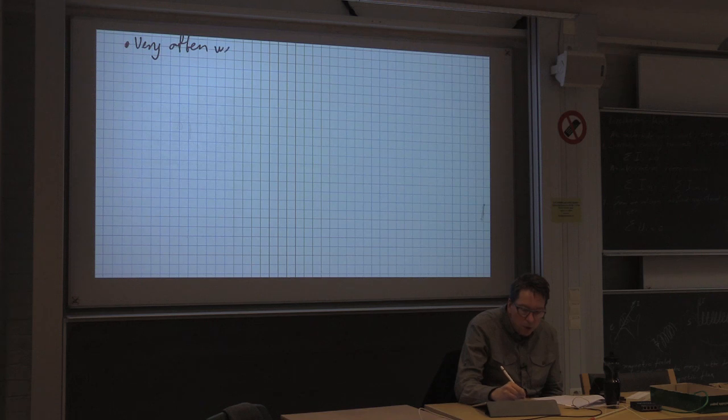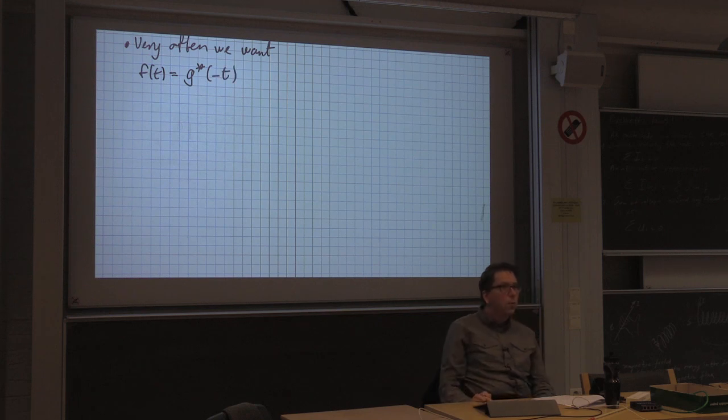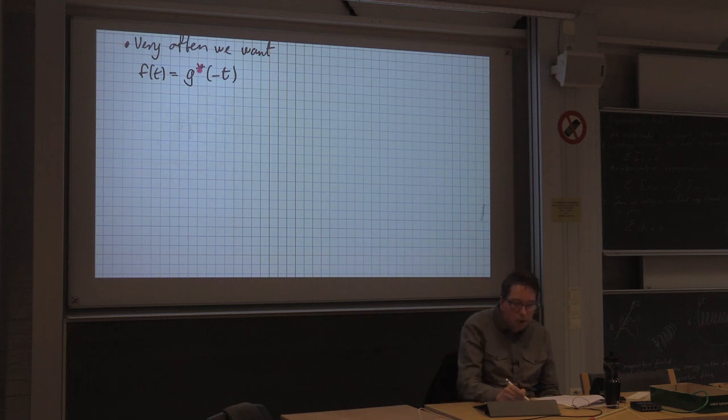So very often we want that f, the receiver filter, is matched to the transmitted pulse. We will talk about this criterion later on, but let's just imagine that this is what we want to do. So we want f to be equal to g complex conjugated, so the star here, and then time reversed, negative t here. Okay, so very often we would like this to be the case. Trust me on this for the moment.